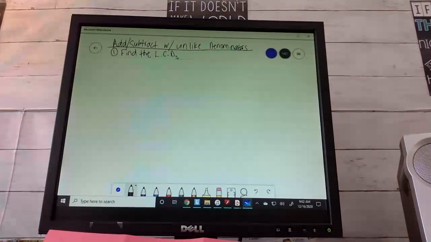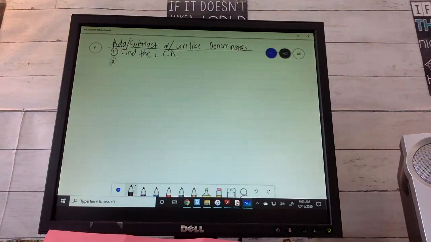But you will have to reduce that fraction more often than not. So if you find the LCD, you're doing that reducing work up front. You're saving yourself a step on the back end. It is totally up to you. I'm going to teach it and show it using the LCD because I'd rather do that quick work, find the LCD, and not have to reduce at the end. So find the LCD.